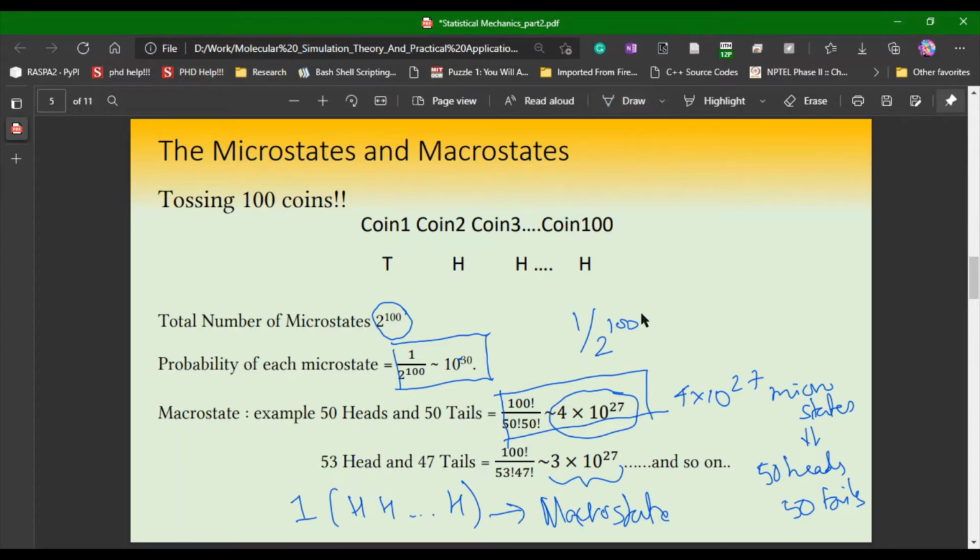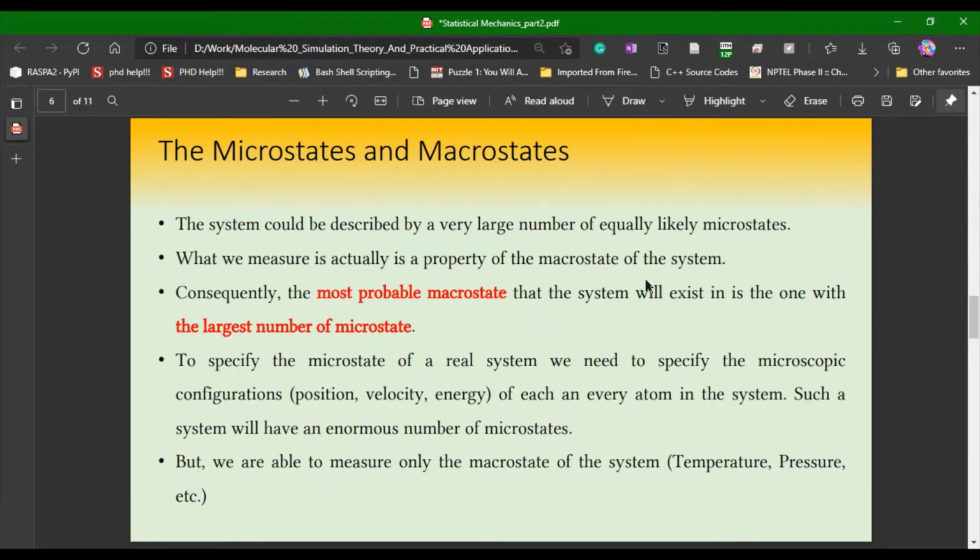The system can be described by a very large number of equally likely microstates. Like I explained earlier, the system could have a large number of microstates, and then you could have corresponding macrostates. What we measure is actually a property of the macrostate of the system.